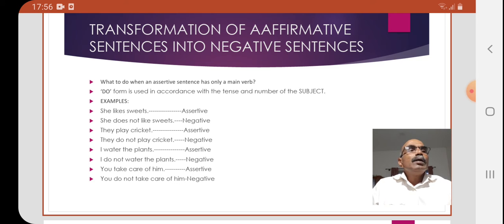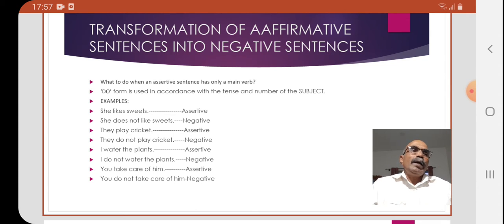Now, since we have shifted es from the main verb to the auxiliary, the main verb loses es. It should be written in its present tense form, that is, in its original form.